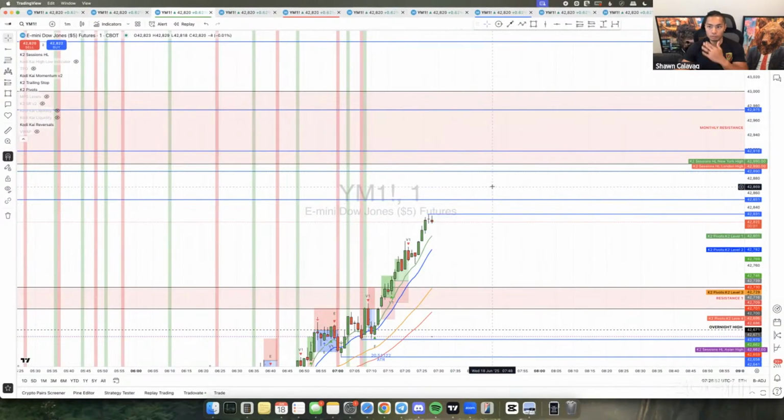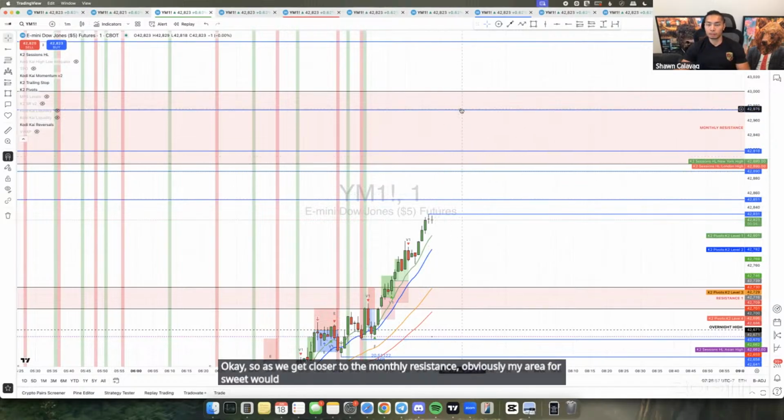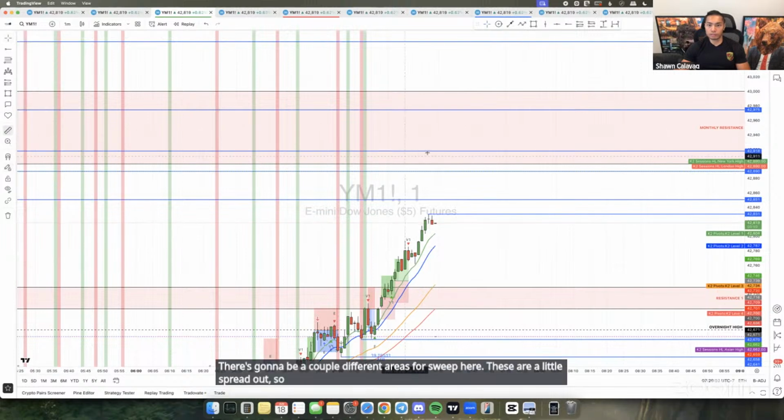Okay, so as we get closer to the monthly resistance, obviously my area for sweep would probably be up here. There's going to be a couple different areas for sweep here. These are a little spread out. So again, like I said earlier to CJ, it just kind of depends on what you're looking for.